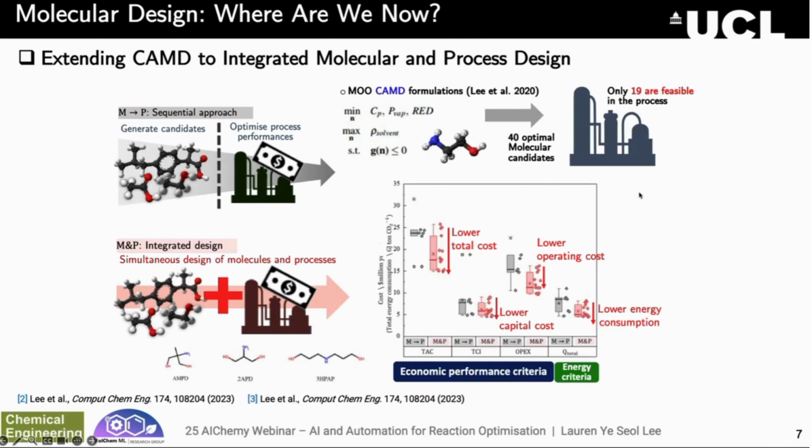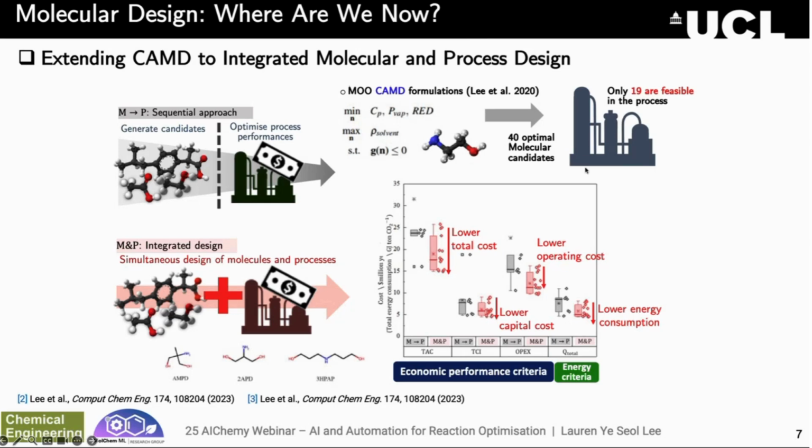To address this kind of gap between molecular-level optimality and process-level feasibility, we have been developing a novel framework that can combine molecular-level decisions with process-level decisions. So we want to simultaneously optimize those two different variables at different scales. Of course, we can take a sequential approach, where we first generate the promising molecules, then test them inside the process. But in this specific case, the solvent designed for CO2 capture, we found that a molecule that looks good at the molecular level turned out infeasible at the process level.